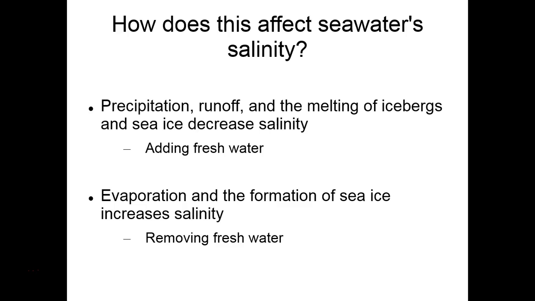And so you're taking fresh water out of the ocean and leaving salt behind, which again makes it more concentrated. So the processes of adding fresh water to the ocean will make it less saline. The process of taking fresh water out of the ocean will make it more saline. And we're going to talk about this after our first exam, where we discuss atmospheric circulation and ocean circulation.